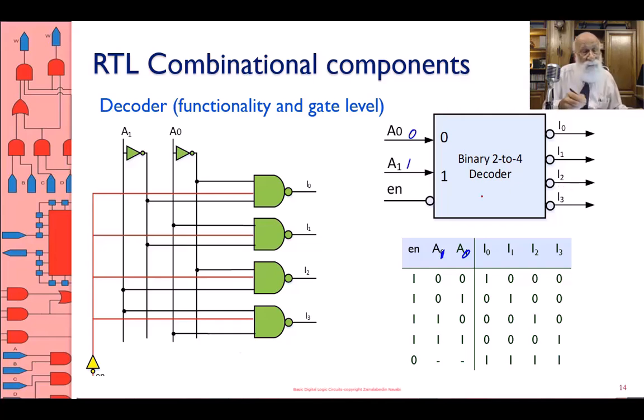I2, which is output 2, becomes active. That means this becomes 0, the rest of them become 1. That's if the circuit is enabled. If the circuit is not enabled, all outputs are going to be non-active, inactive. Okay? Meaning, if the circuit is not enabled, all of these are going to be 1s.